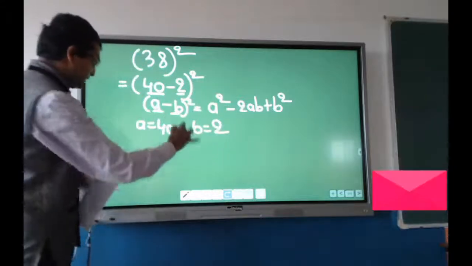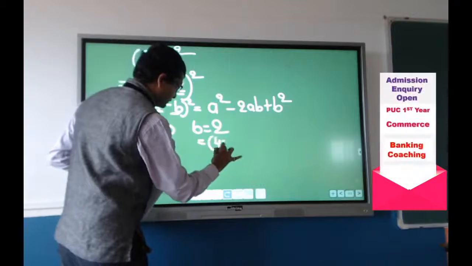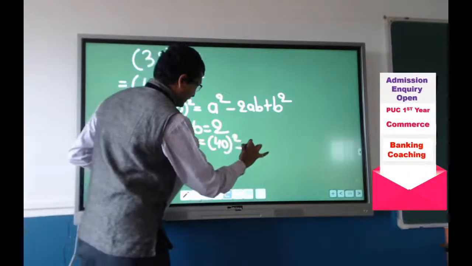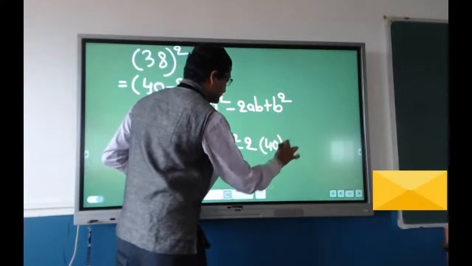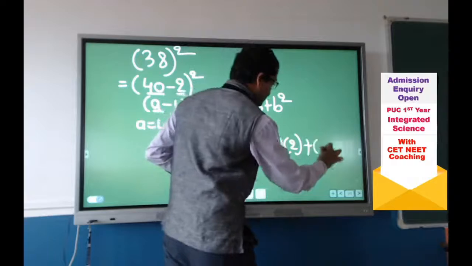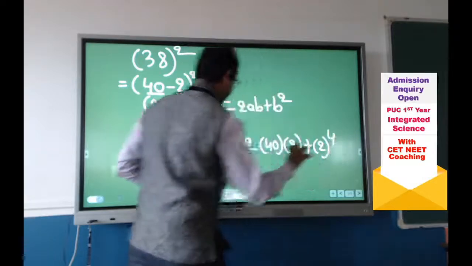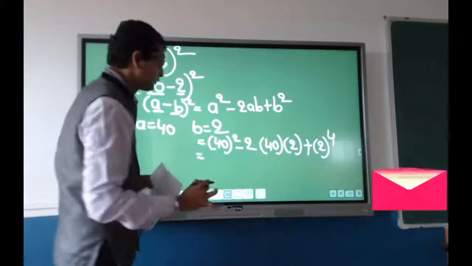In this expression, I get 40 square minus 2 into 40 into 2 plus 2 square. So 40 square, very simple it is.